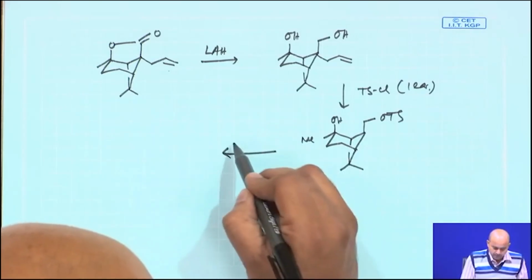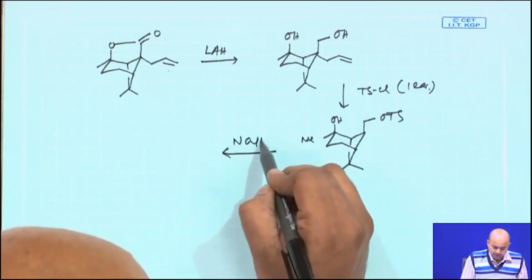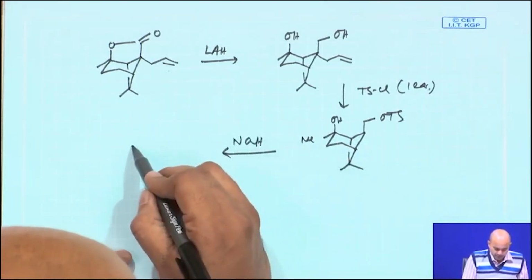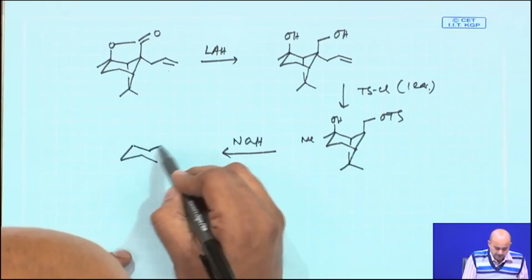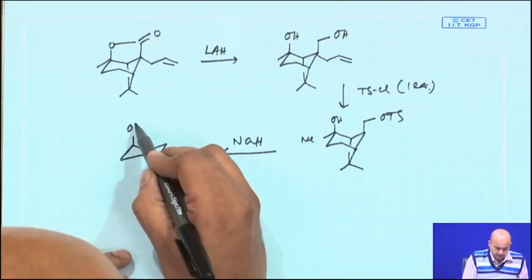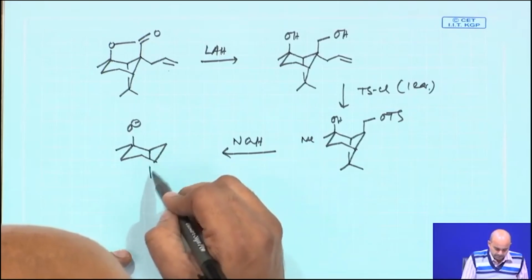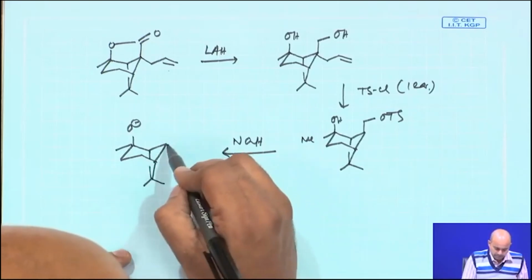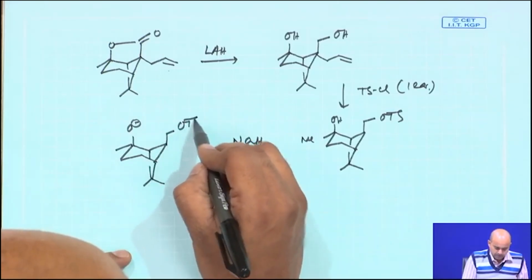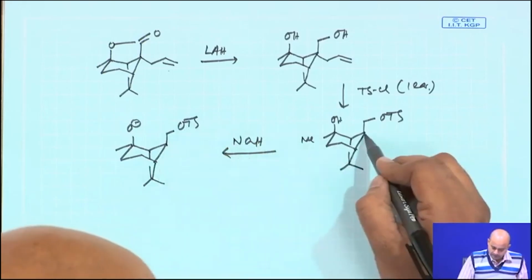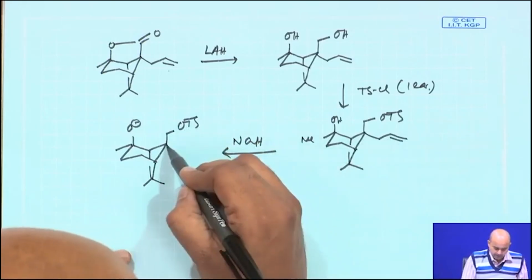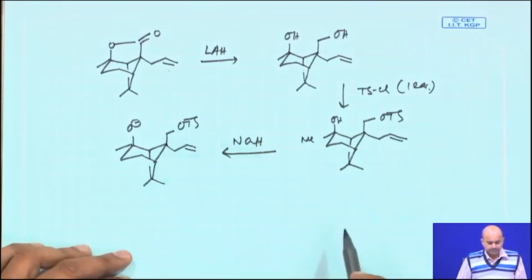Now, if you react this compound with sodium hydride, it will initially generate the alkoxide. Here is the OTs, and definitely the allyl group is here.